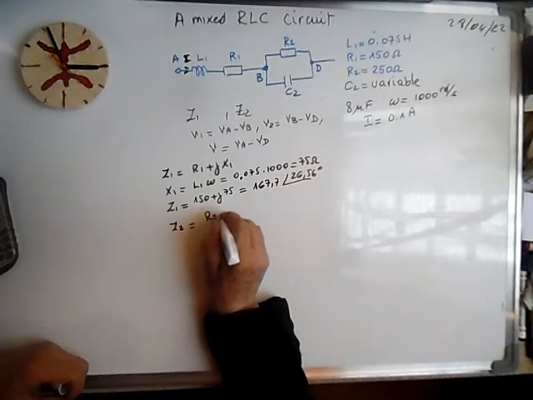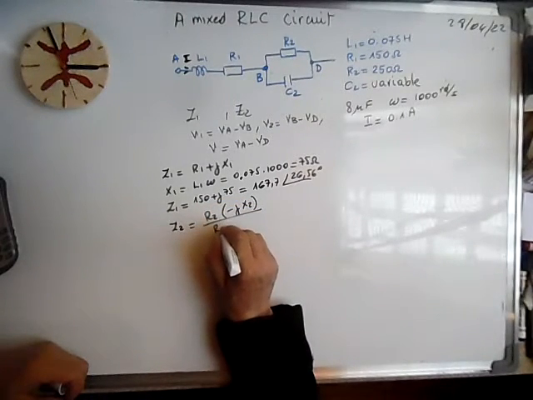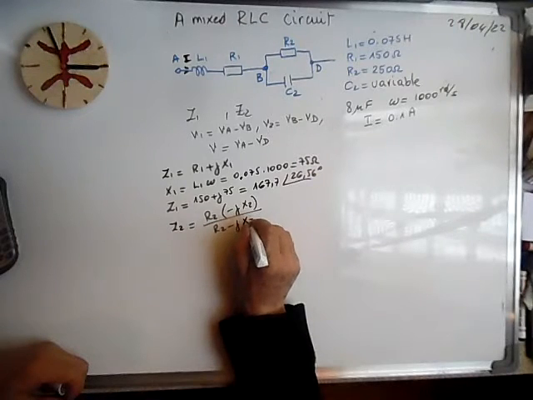Let's calculate Z2. Z2 is R2 times minus jX2 over R2 minus jX2.